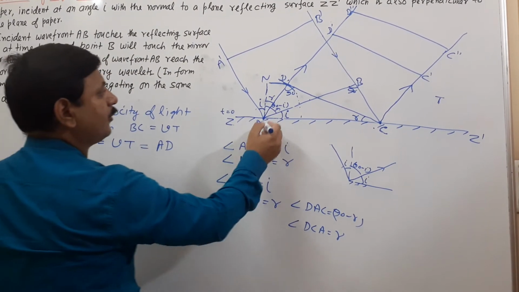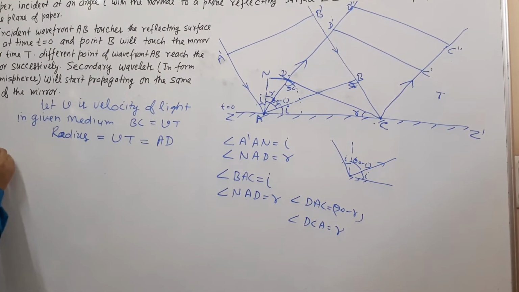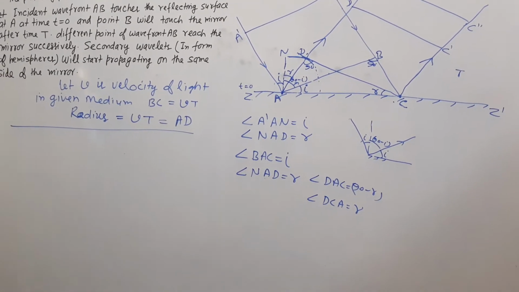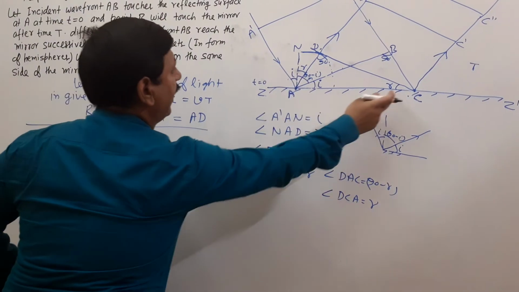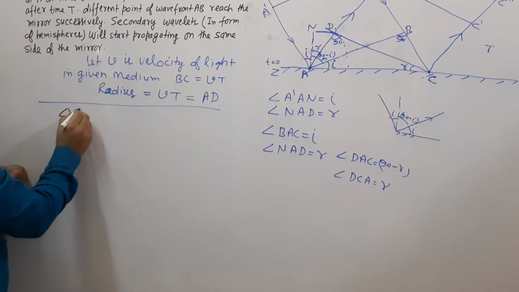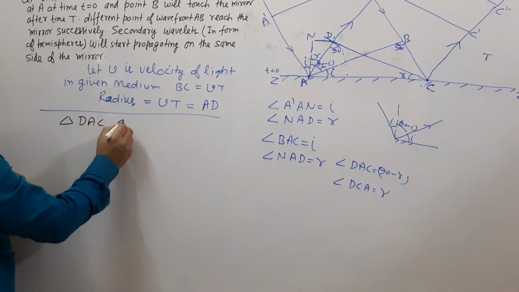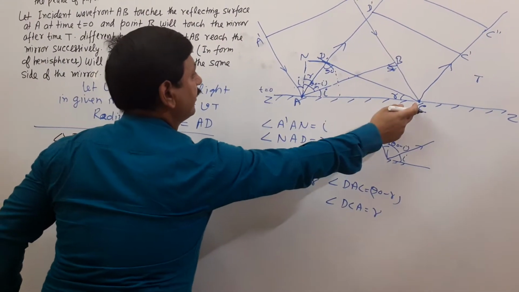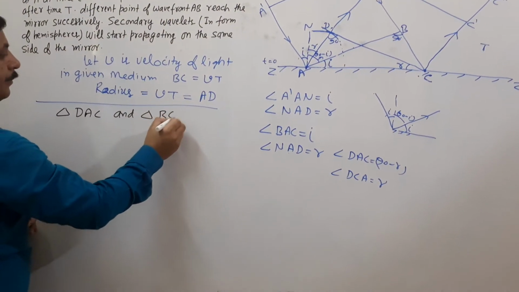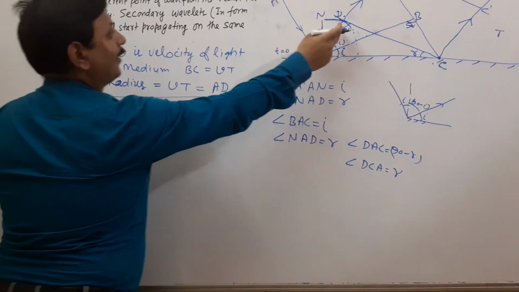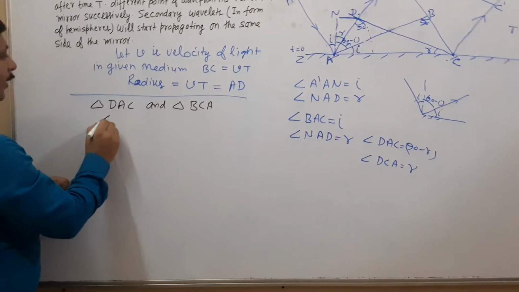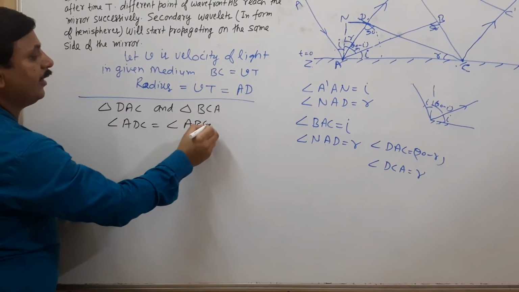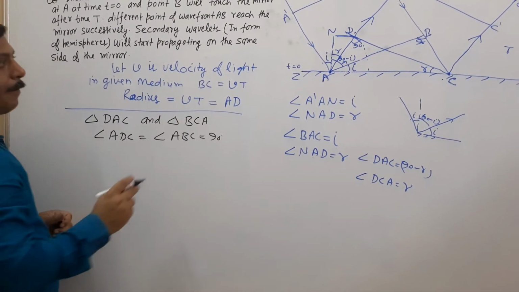So if you take these two triangles, one triangle I have taken, triangle DAC and triangle BCA. See here, these are right angle triangles. Angle ADC is equal to angle ABC, 90 degrees.